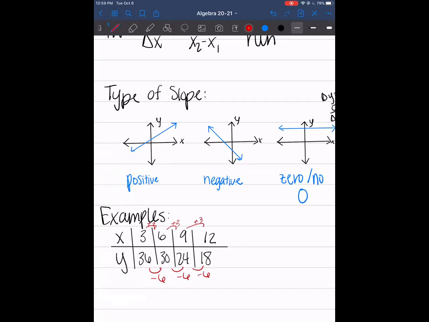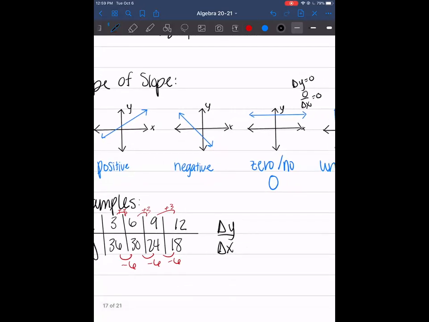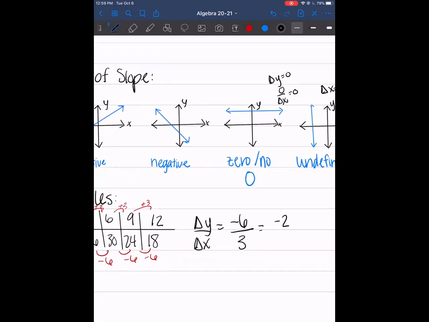So if we do rise over run, or the change of y over the change of x, then our change of y was -6 over our change of x, which we said was +3. -6 divided by 3 would be -2, which would be our slope for this problem.